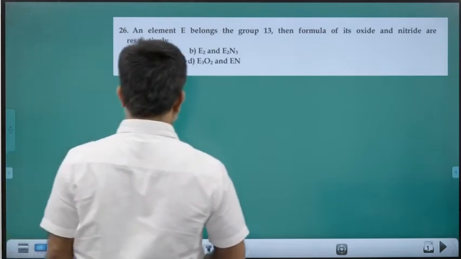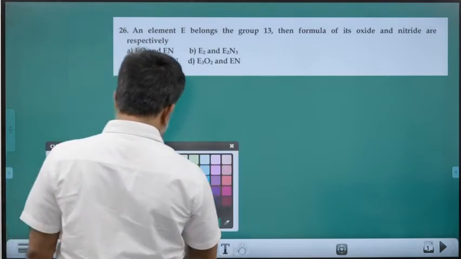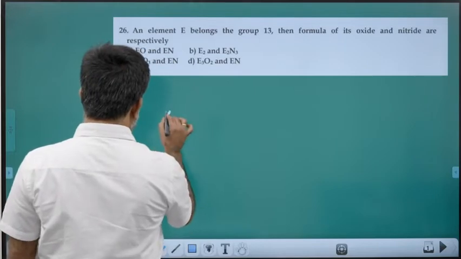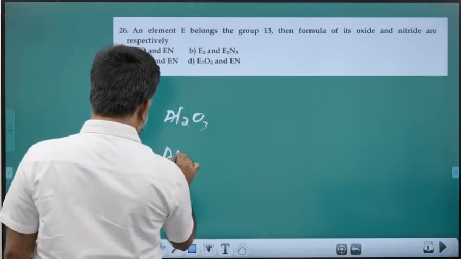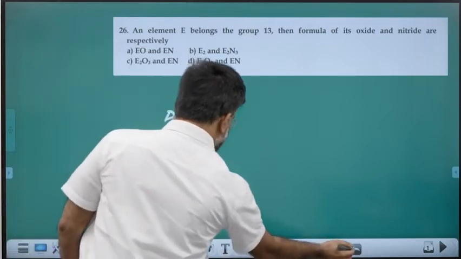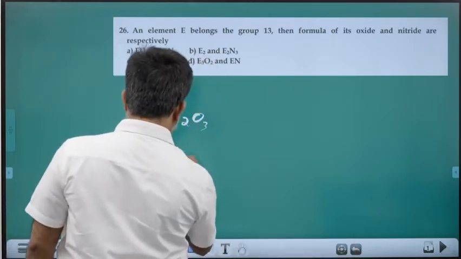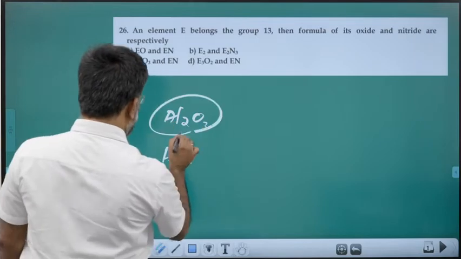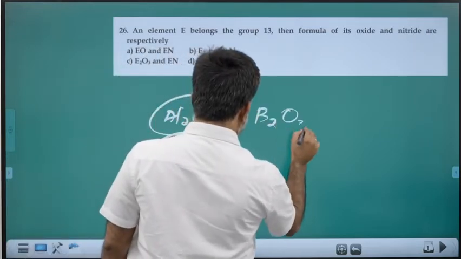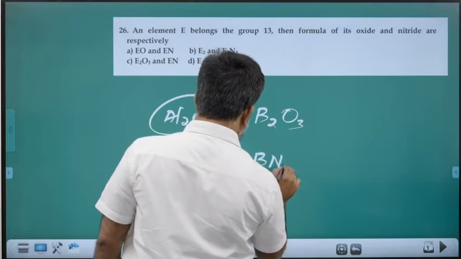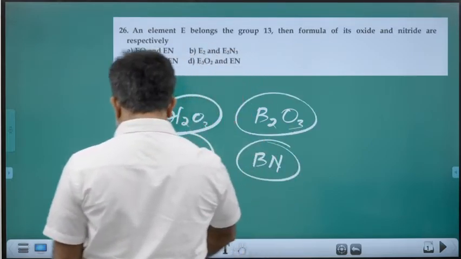Aluminum oxide is Al2O3. Aluminum nitride is AlN. This is boron oxide, B2O3, and this is boron nitride, BN. Enough to get your answer.